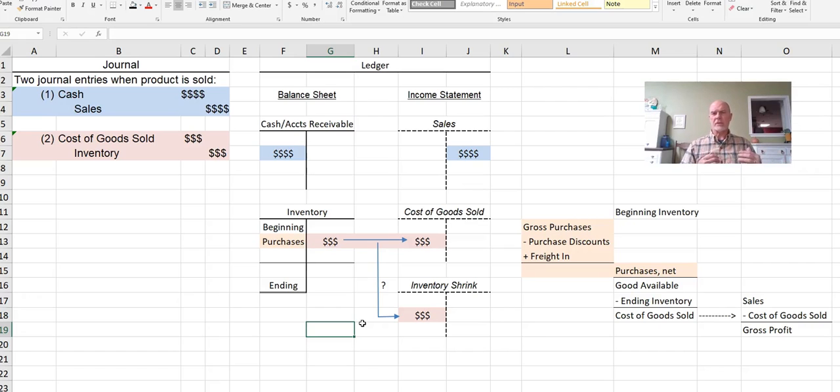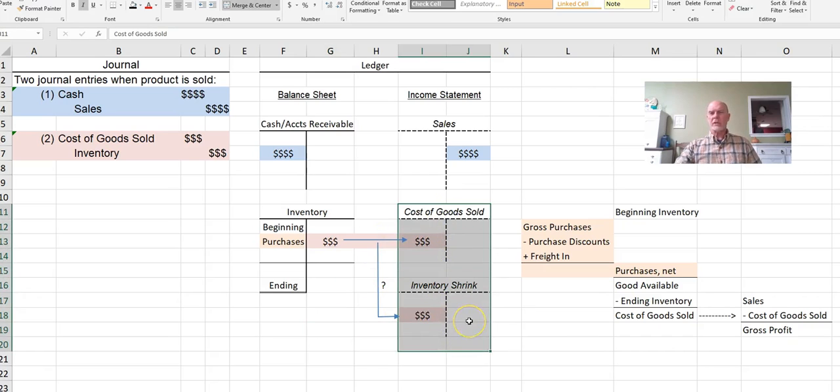Inventory shrink is the term we give to unexplained losses of inventory. If you're able to identify some shrink, then part of the number that leaves inventory would be going into that inventory shrink account, which is also an expense. So cost of goods sold and inventory shrink are both expenses.